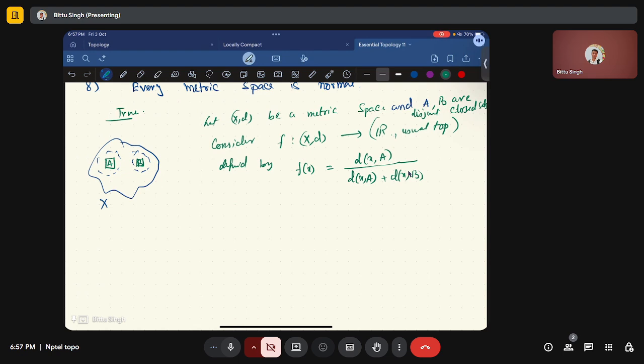So this function is continuous. F is continuous. Okay, we need to check, but if we assume F is continuous, note what is happening.